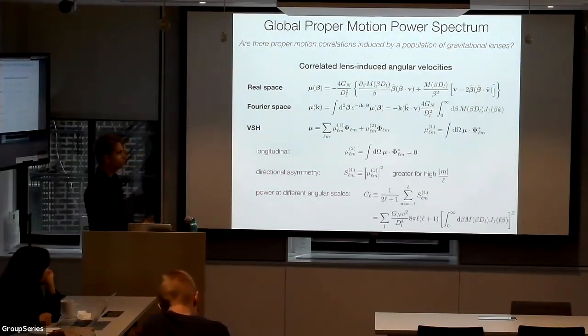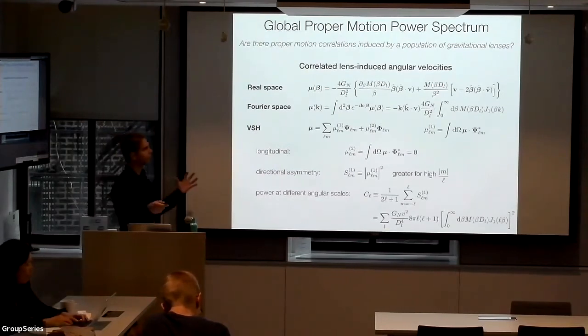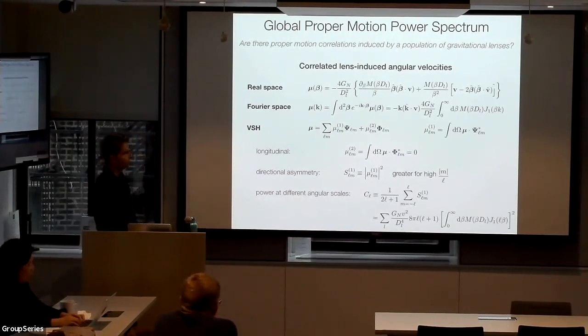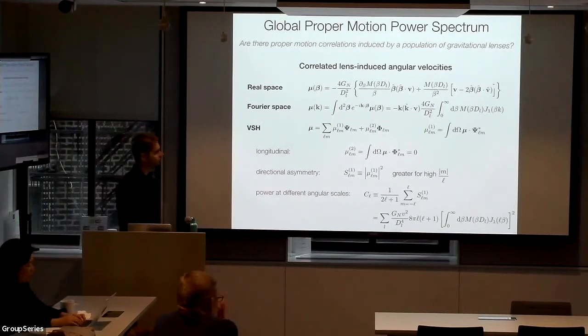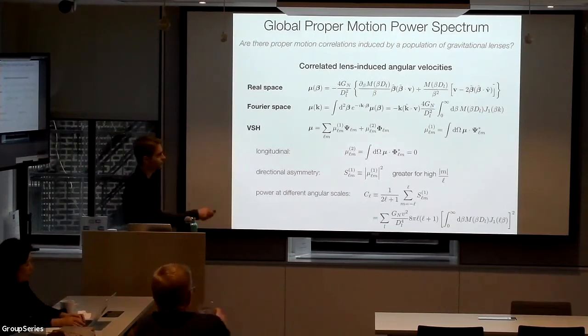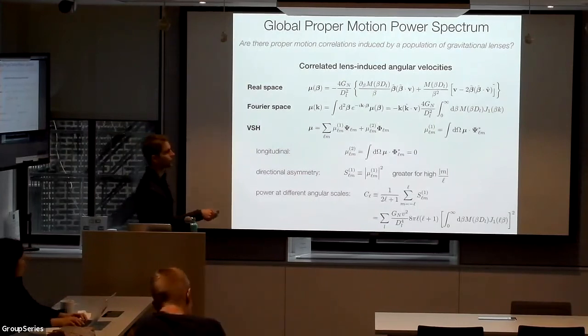So what you can do is take a map of the whole proper motion density field of quasars and decompose it into vector spherical harmonics. And the lensing signal should show up in these coefficients. In particular, we find that the lensing signal is only contained in this first coefficient, the poloidal vector spherical harmonics, not in the toroidal one.